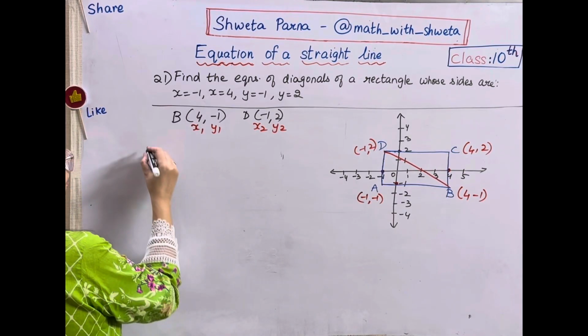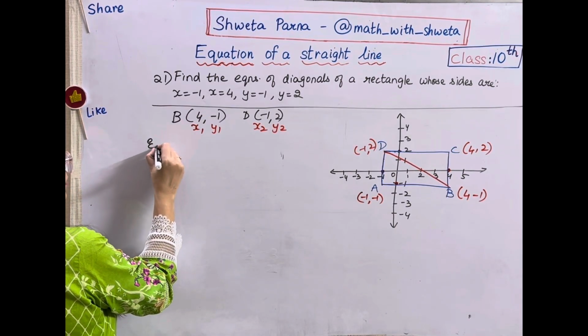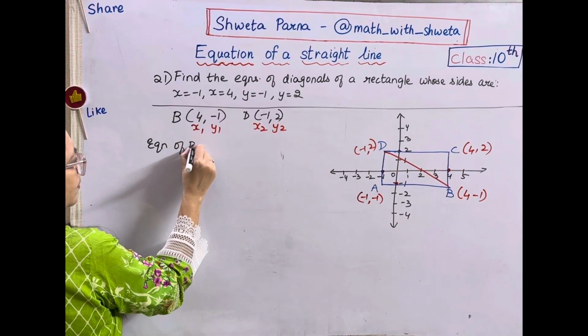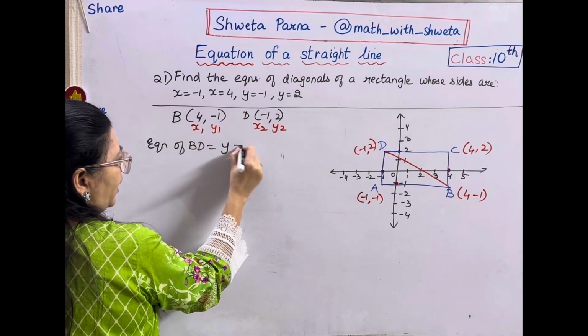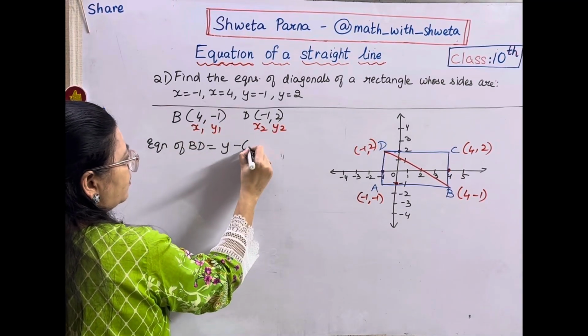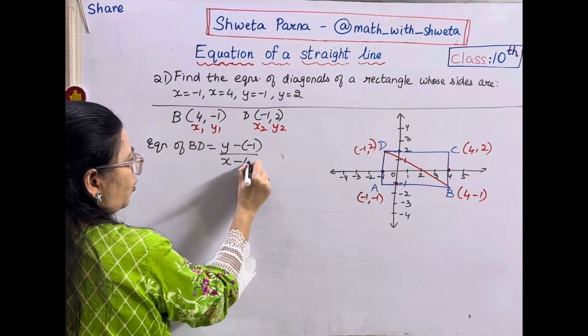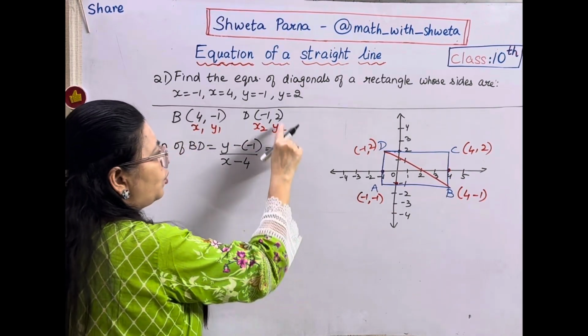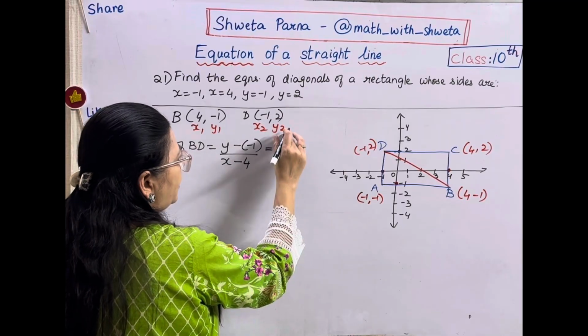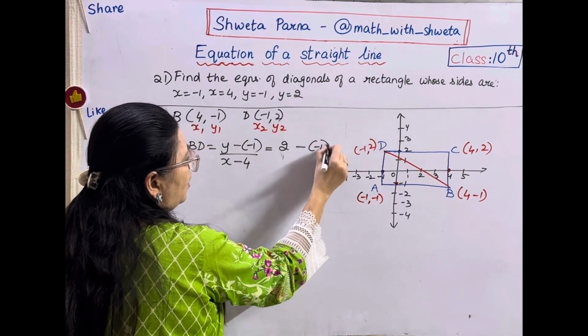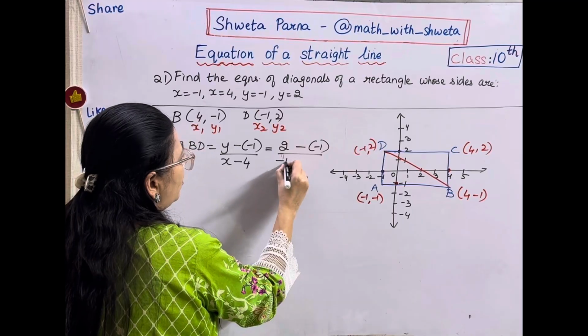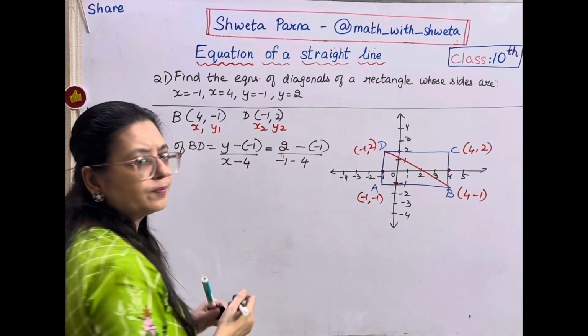So the equation of BD: (y minus y1), y1 is minus 1, upon (x minus x1), x1 is 4, is equal to (y2 minus y1) upon (x2 minus x1).